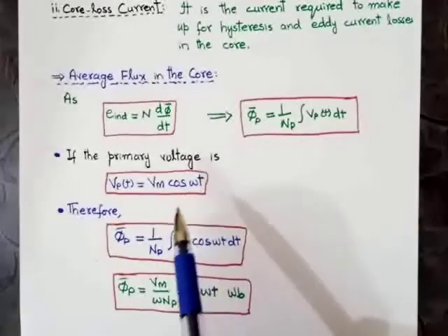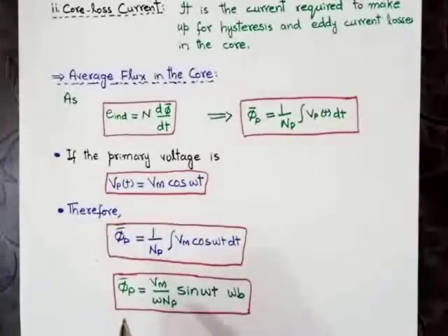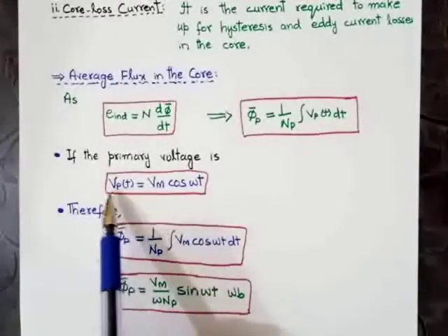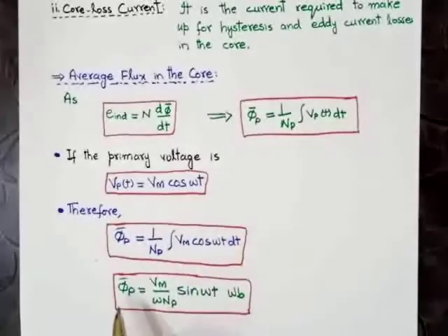It means the applied voltage and the flux in the transformer are not in phase. The applied voltage and the flux are out of phase, that is the phase difference between the applied voltage and the average flux due to primary circuit is 90 degree.